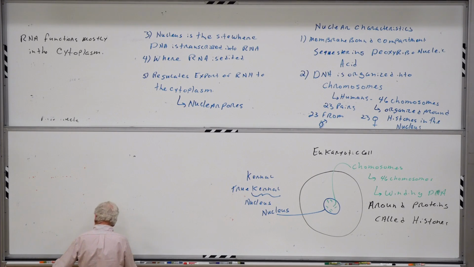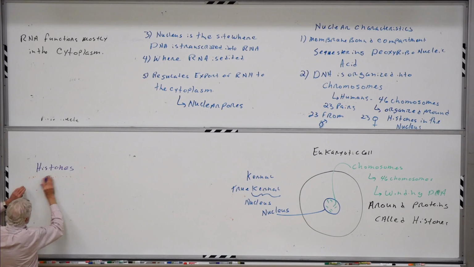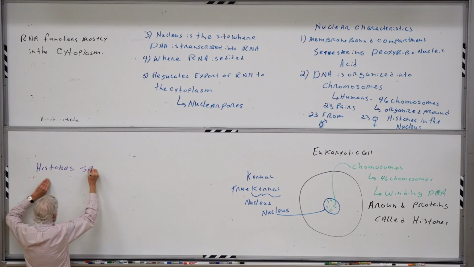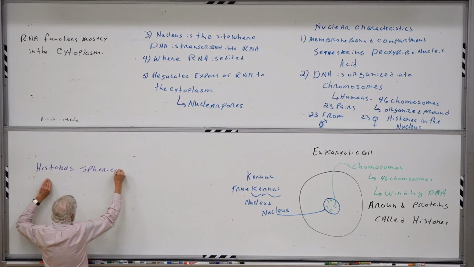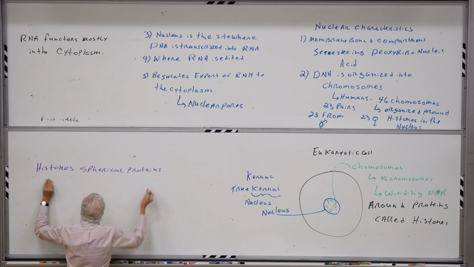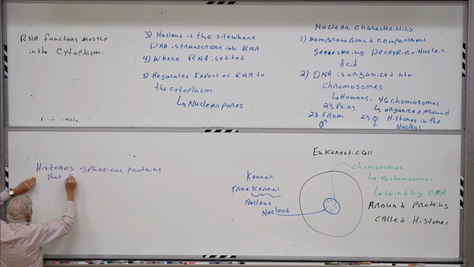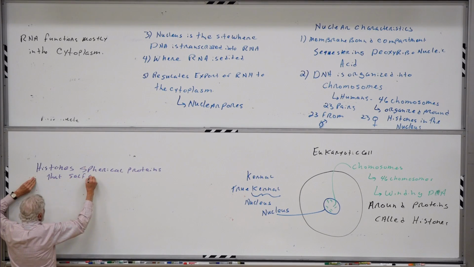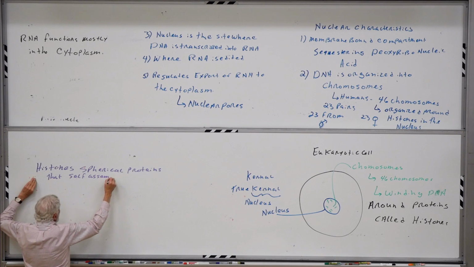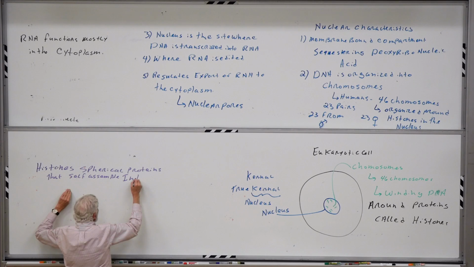Typically, histones are spherical proteins. And they're spherical proteins that self-assemble. They self-assemble into octamers.